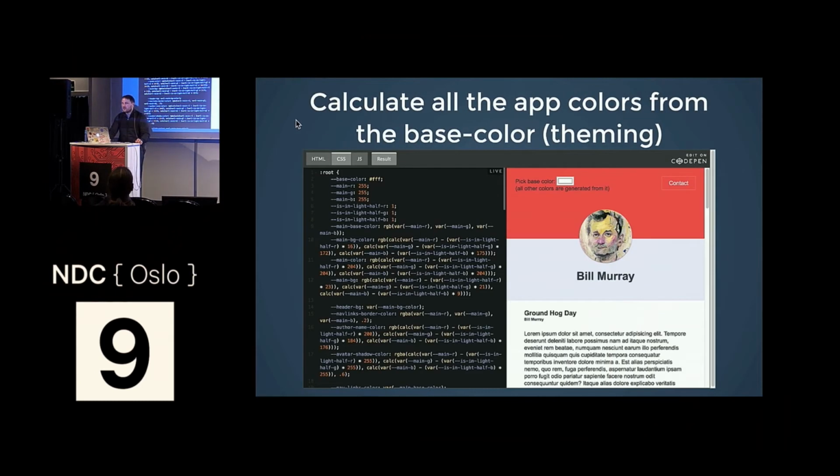And what if I go crazy? You can invent some color formula and create all the colors in your application from one color. Usually it's white or some white color and a black color. You have a dark theme, you have a white theme, or some light theme. And you can use this for theming, for anything you want. So the main idea, here you see, I have only 3 colors, R, G and B. And then I invented my formula.